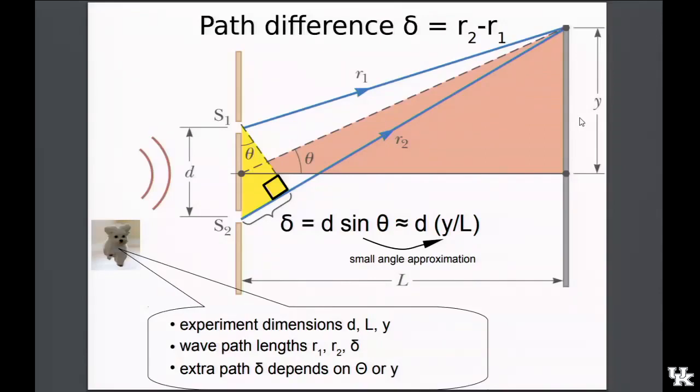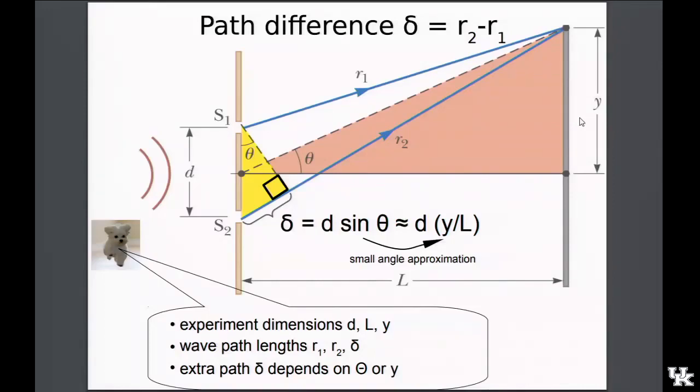Or, given the fact that the screen is very far away and the two slits are very close, we can write it approximately as the slit separation times the position on the screen divided by the distance of the screen from the slits. So this is a second way of writing it. So this is the extra distance, d sine theta, or d y over L.